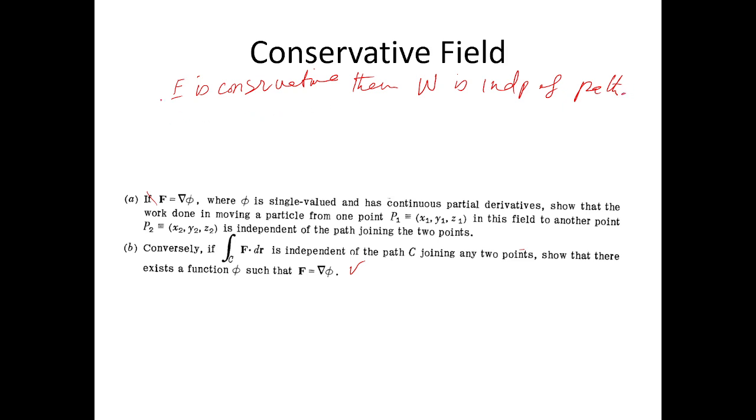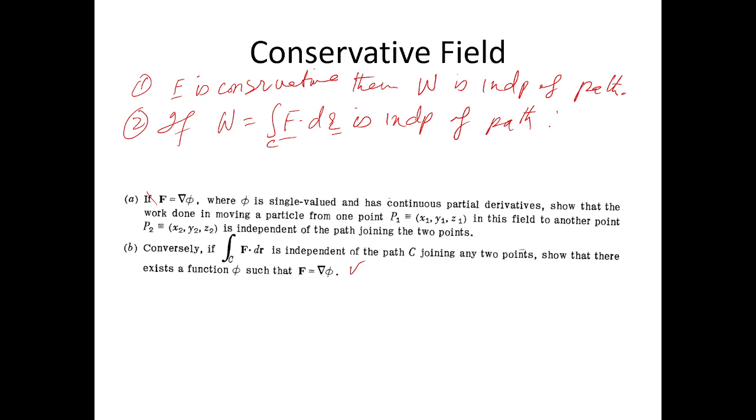And the converse is, this is one statement, that is this A. The converse is if work done, which is equal to the integral of F dot dr over some curve path, is independent of path, then F should be equal to grad of phi.